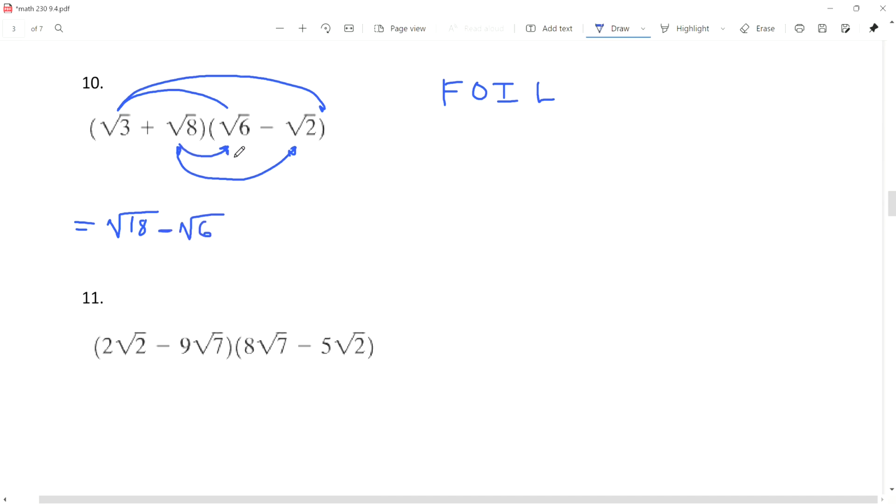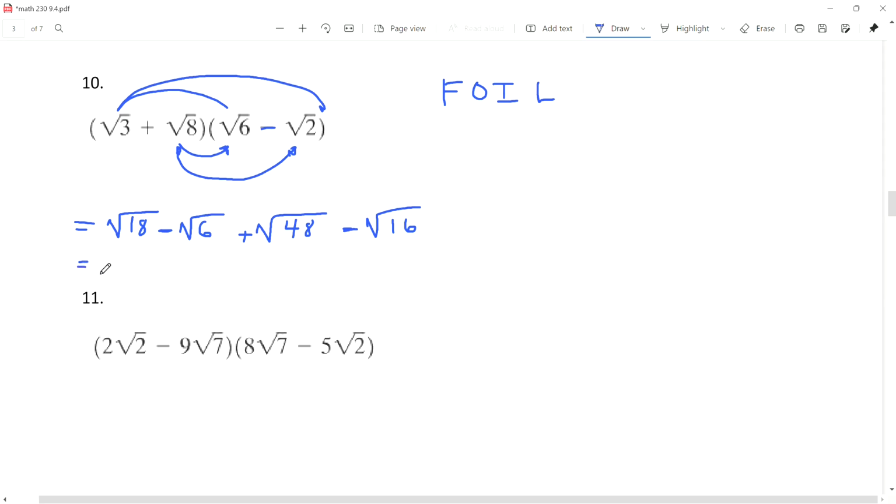The square root of 8 times the square root of 6 is next, so that's going to give us the square root of 48. And then we have the square root of 8 times the square root of 2, that's the square root of 16. Again, be careful with that negative. There's a negative here because we multiplied with a negative square root of 2.